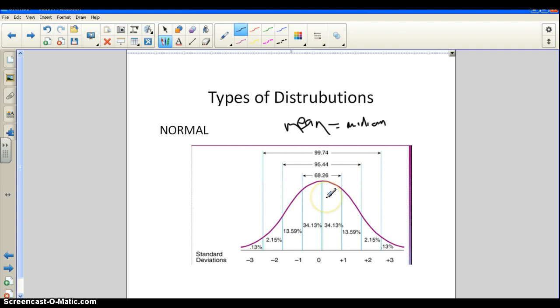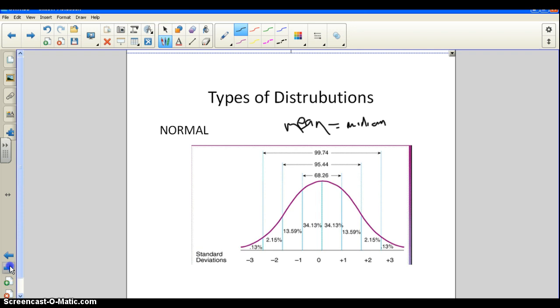So in a normal distribution, 68% of the data is within one standard deviation of the mean. 95% of the data is within two standard deviations of the mean on either side, and within three standard deviations of the mean there's 99.74% of the data. So if you ever take college statistics, this 68, 95, 99 rule is really important.